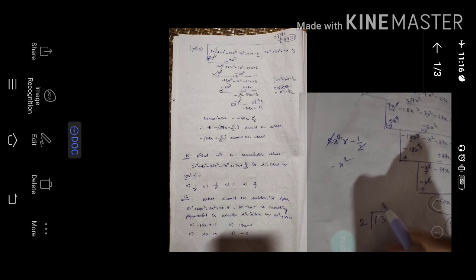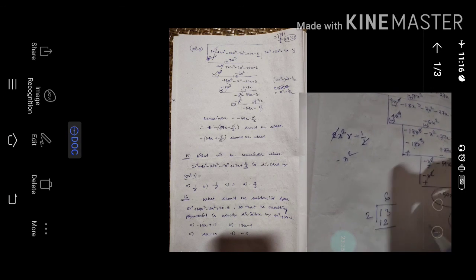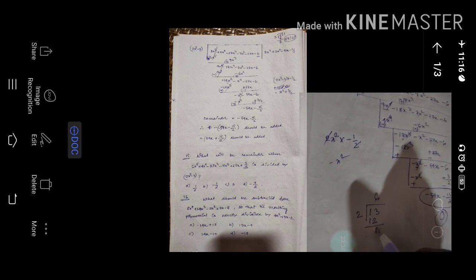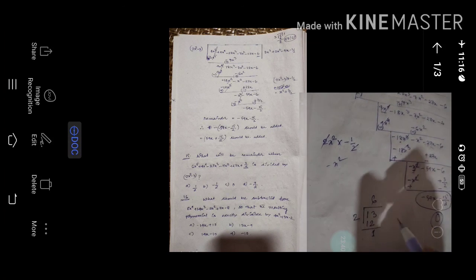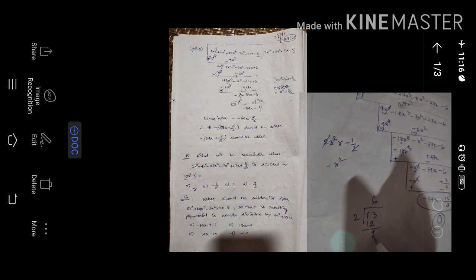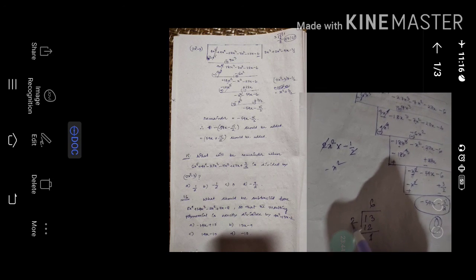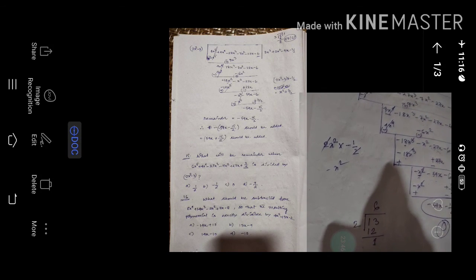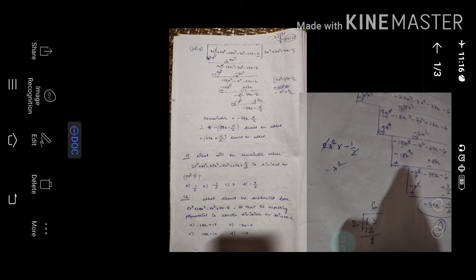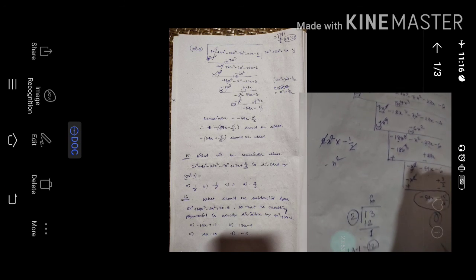What do I have to do? 2 6s are 12. First I have to find the remainder. 2 6s are 12, 1, that means this 1 is the remainder. So from 13, if you subtract this 1, then only 2 will divide this term. So 13 minus 1 is how much? 12. So that means this 12 is perfectly divided by 2, isn't it?